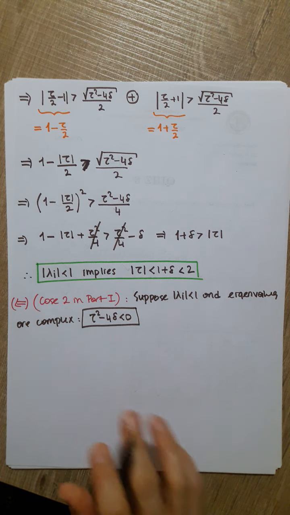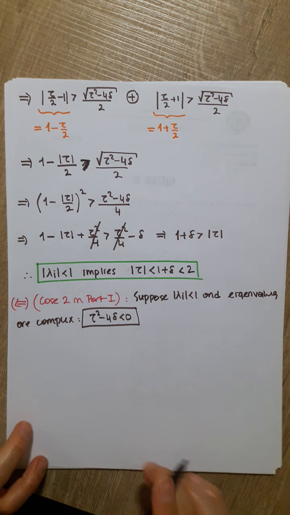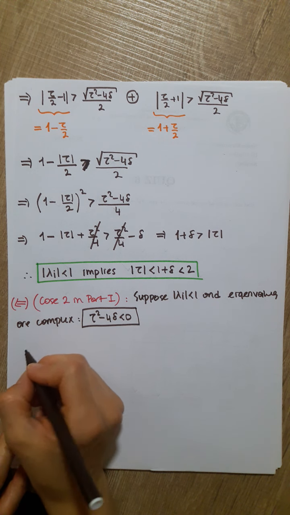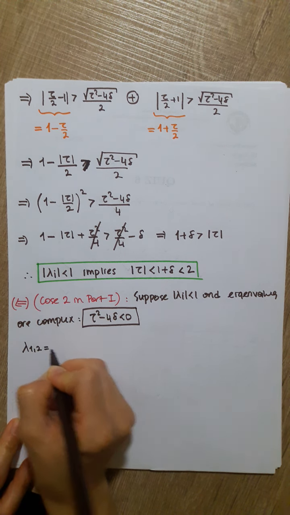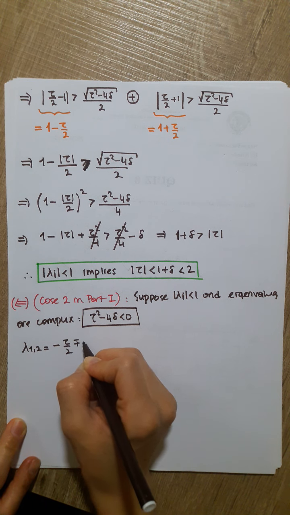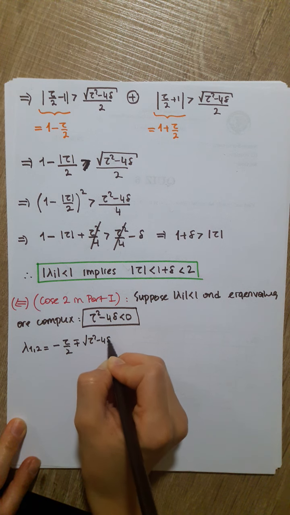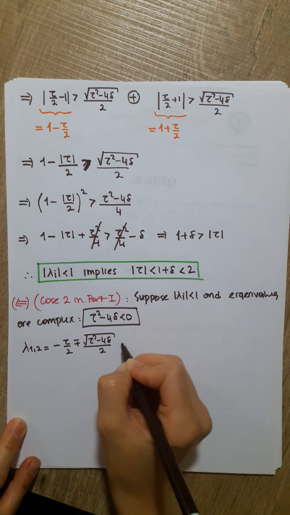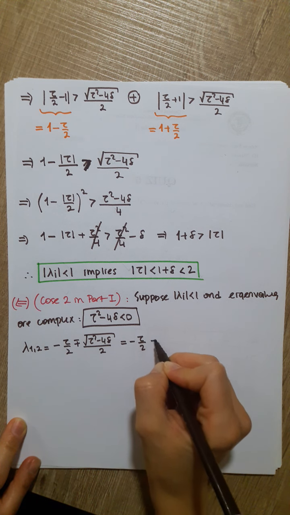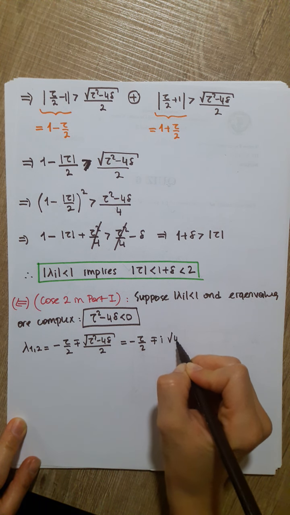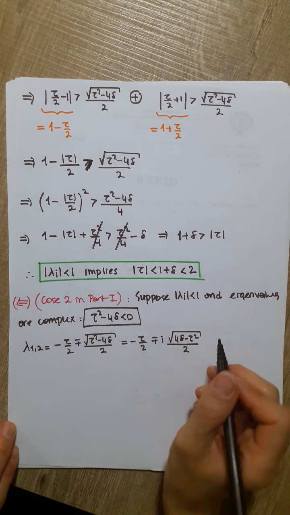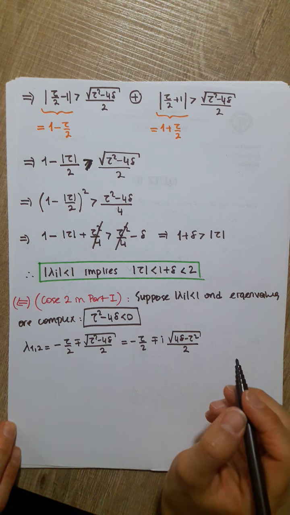Okay, for this time we will continue with this. And now the eigenvalues can be rewritten like that. And if you use the I notation, this is the real part and this is the imaginary part. And let's check the magnitude here, okay?